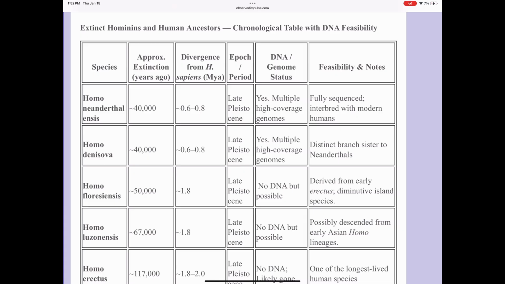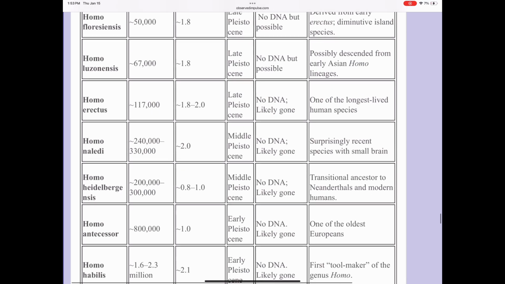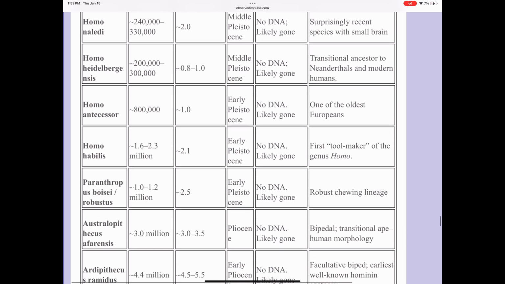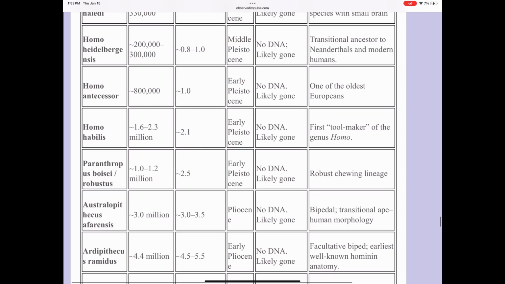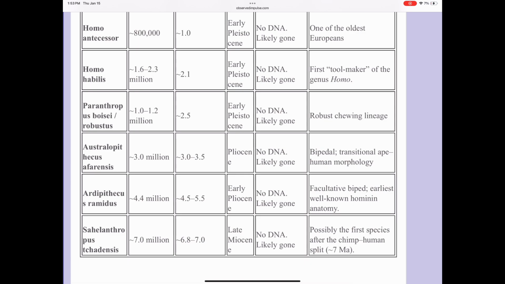And as you can see, for most of them, we do not have DNA. But I think we could reconstruct that. And that would be much easier to reconstruct than the DNA of a dinosaur because they lived much more recently, right?